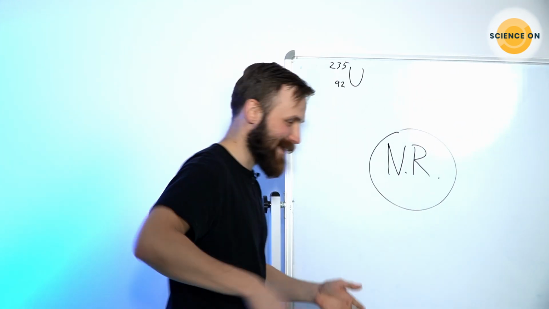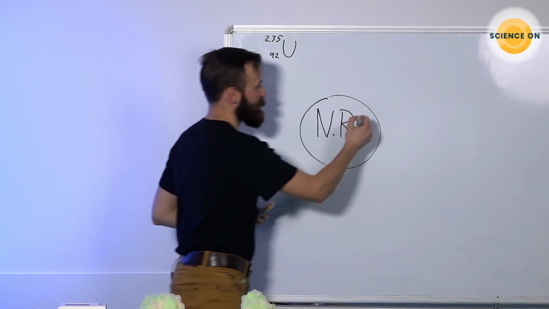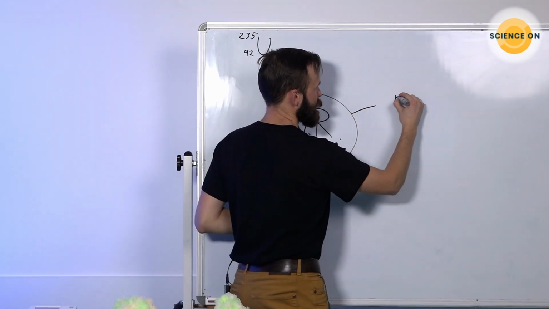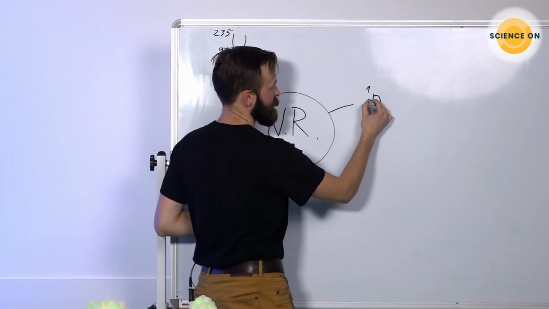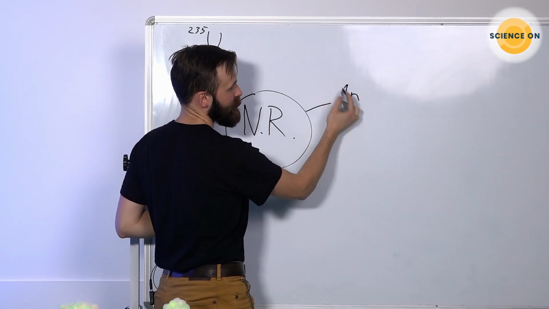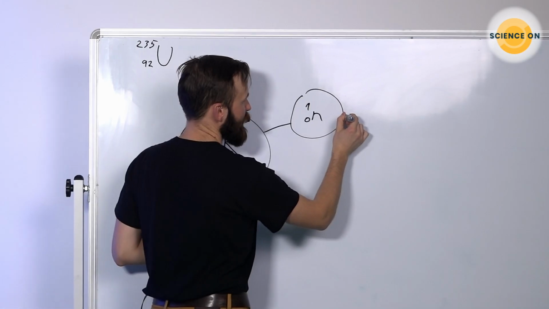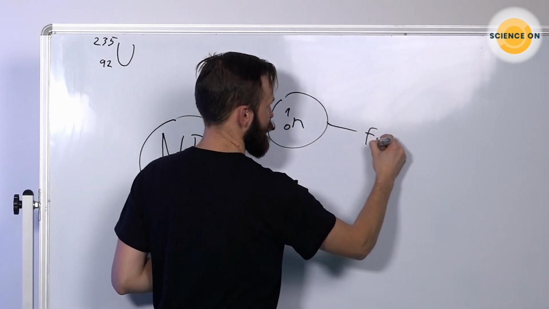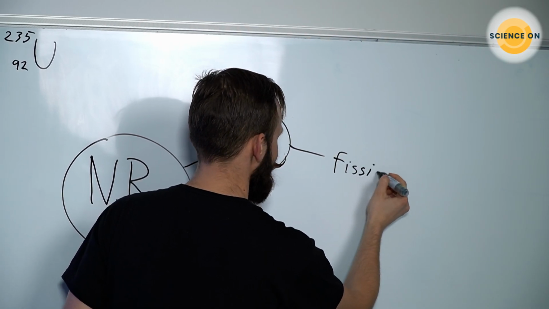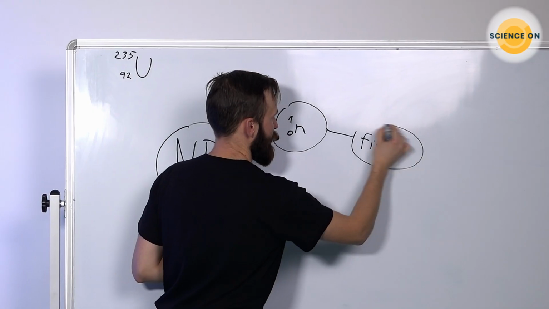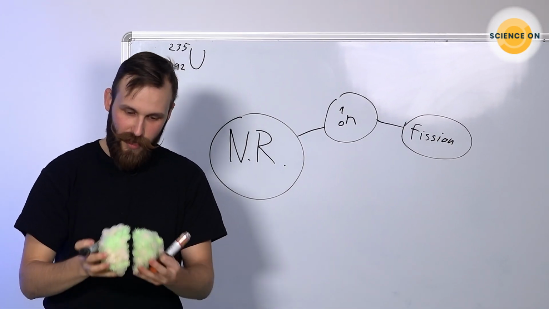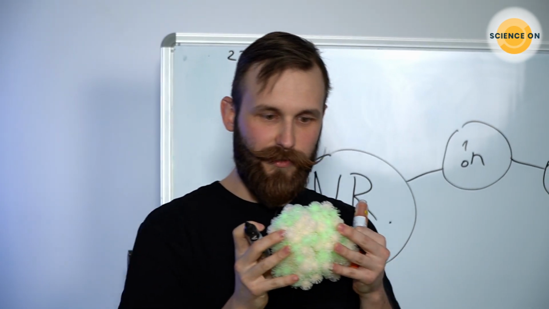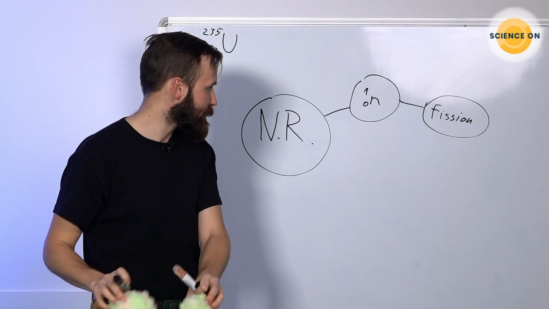So let's go to the board, because we can describe it with a little bit of equations, which is a lovely thing in physics. These were the reactions with neutrons: one neutron and 0 protons, basically. We see the fission reaction, in which we smashed our uranium nucleus into two pieces.